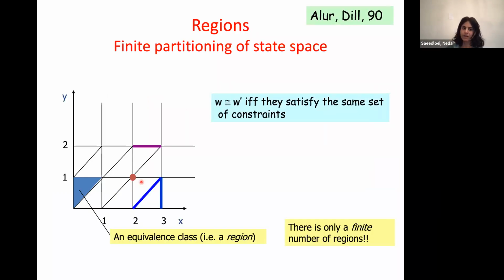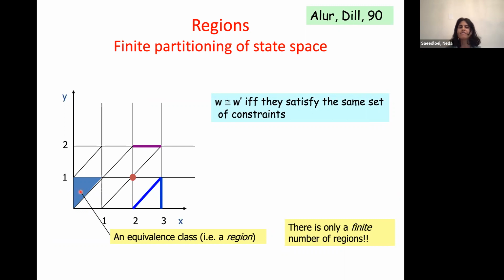So here's an example. Let's say that I have two clocks x and y, and here I have a region, which is an equivalence class, which means what? It means that in this region, the value of clock x is between 0 and 1. The value of clock y is also between 0 and 1.